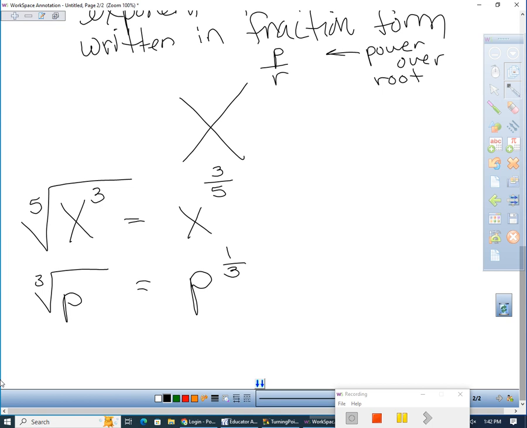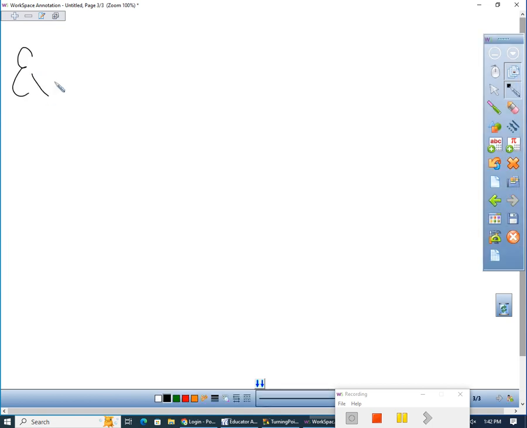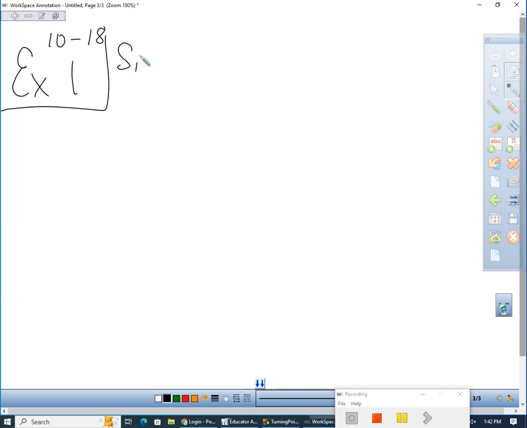All right, so with that being said, we are going to start with the first section in our homework here. Example number 1. In the first section from 10 to 18, we need to simplify the expression.